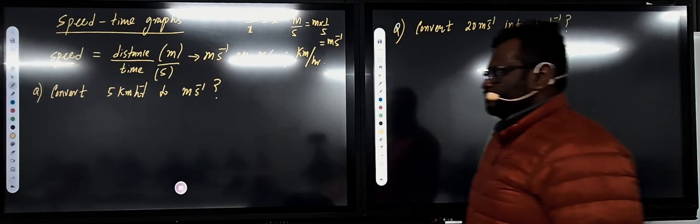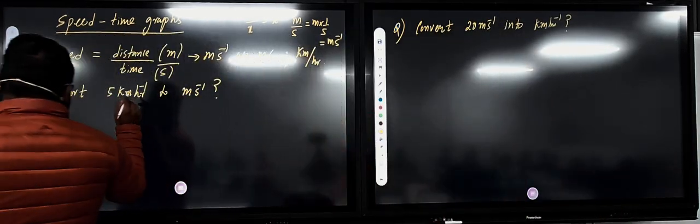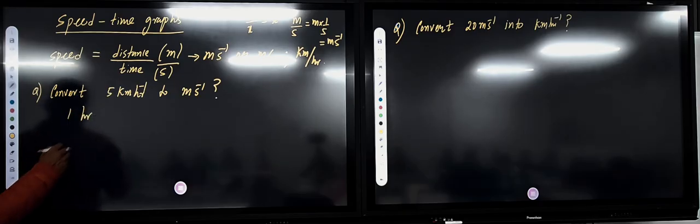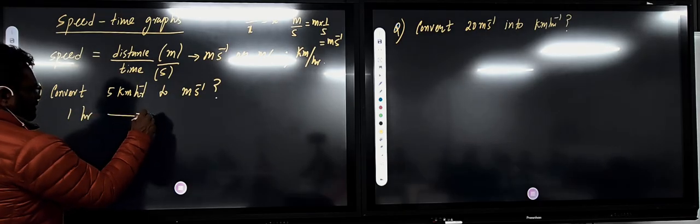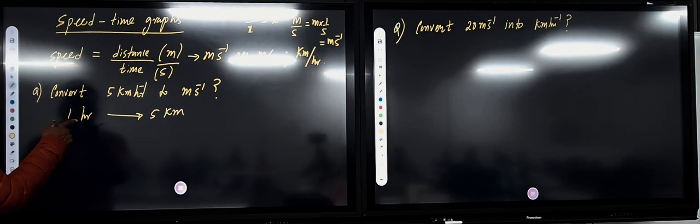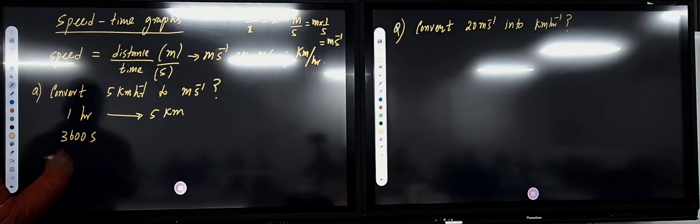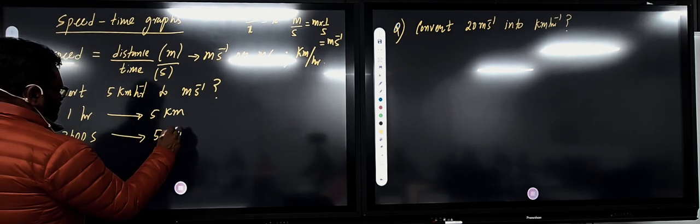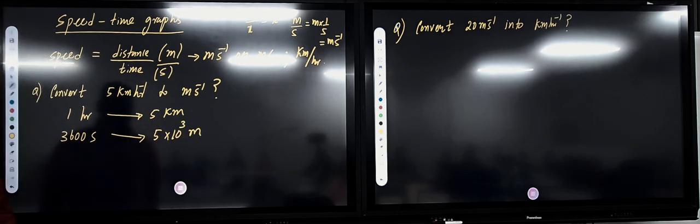Okay, let's see. 5 kilometers per hour. So that means in 1 hour it travels 5 kilometers. So you convert this into seconds: 3,600 seconds. This one is 5 times 10 to the power 3 meters.